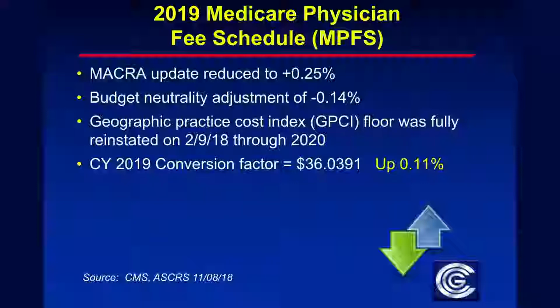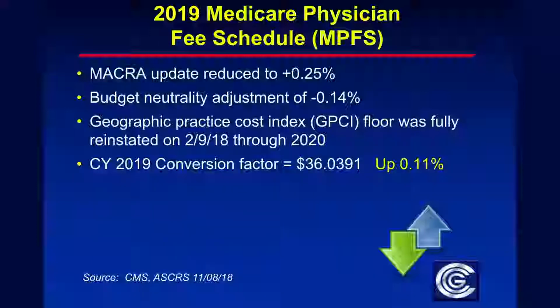These include the budget neutrality adjustment, down 0.14%, and changes to relative value units on some procedure codes. The Geographic Practice Cost Index floor of 1.0 expired on December 31st, 2017, but was fully reinstated through 2020 by Congress on February 9th, 2018.